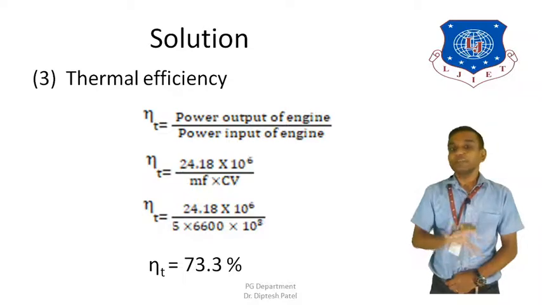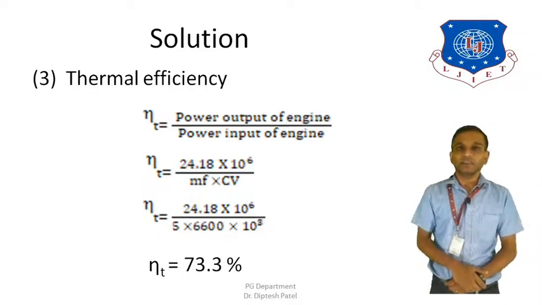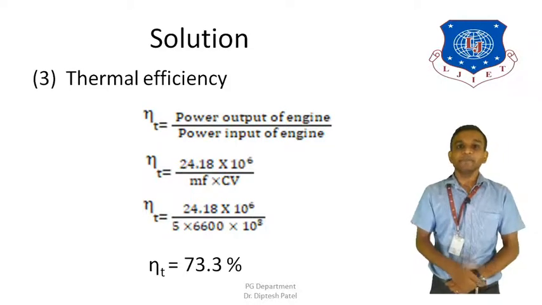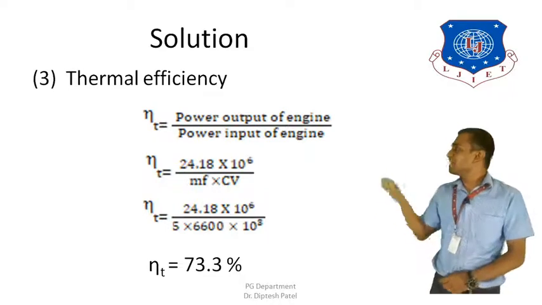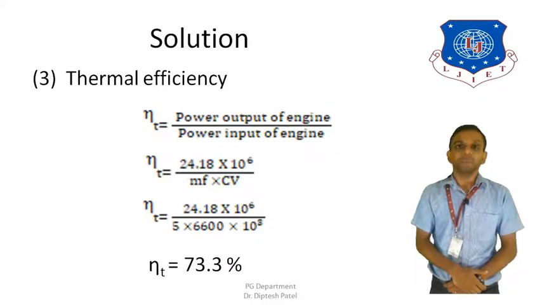So that would be our input power to the engine and the output is already obtained. On the basis of that, I am going to calculate the thermal efficiency of the engine.